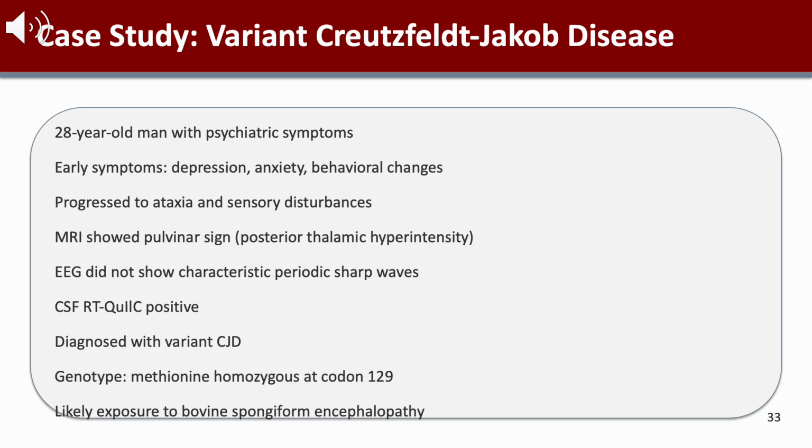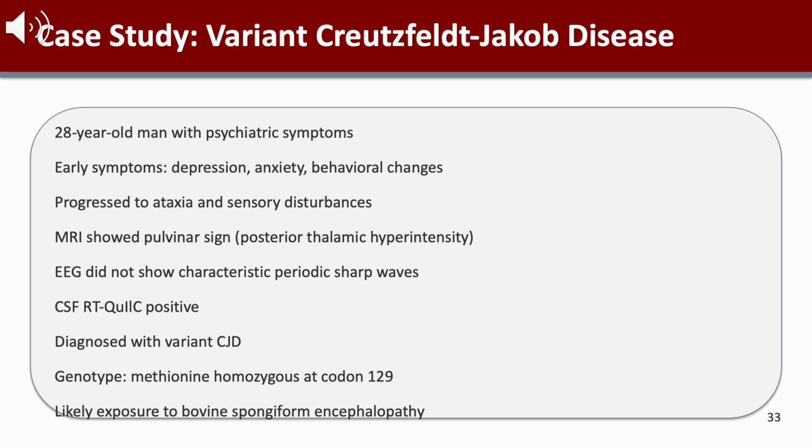This case illustrates the presentation of variant Creutzfeldt-Jakob disease. A 28-year-old man presented with psychiatric symptoms including depression, anxiety, and behavioral changes. Over several months, he developed progressive ataxia and sensory disturbances. Magnetic resonance imaging showed the characteristic pulvinar sign with increased signal in the posterior thalamus on T2-weighted images.